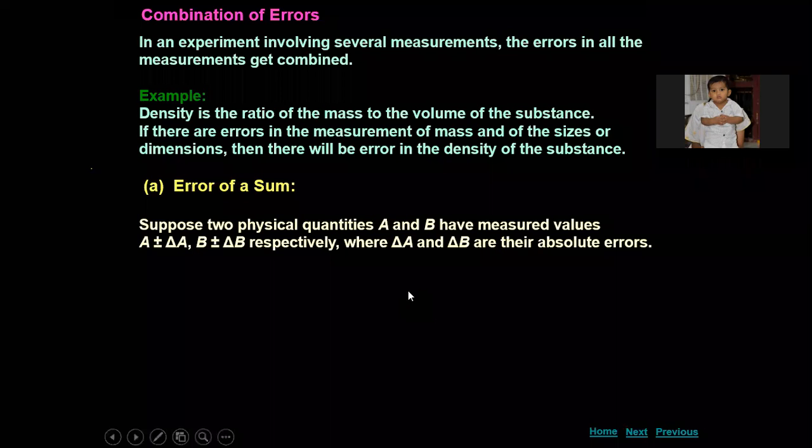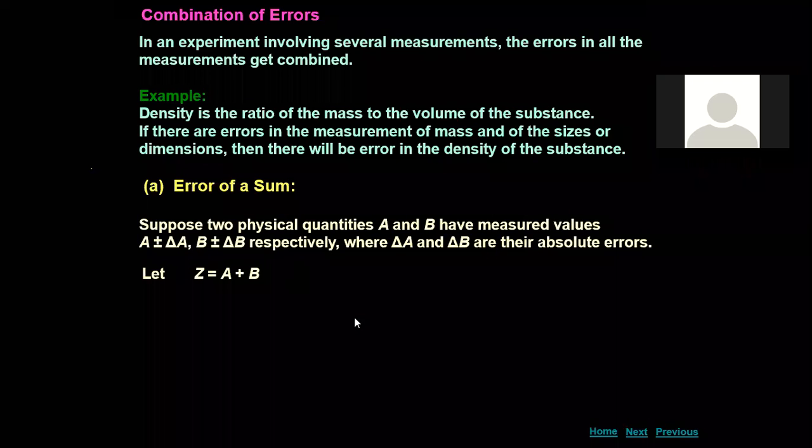Next, when we are adding these two measurements, A and B values, I am taking the new value of this addition as Z. Z is the total value of these two measurements. When we are taking the new value, we have to take the error also into consideration.